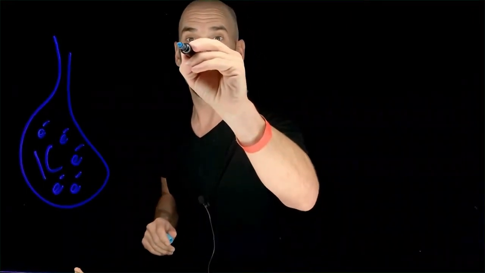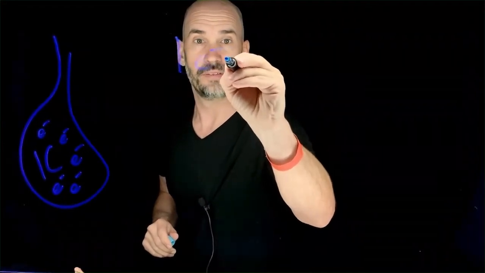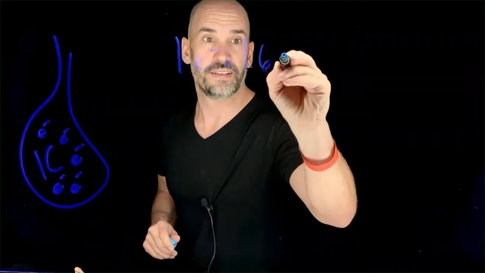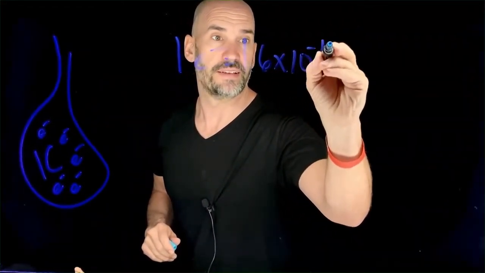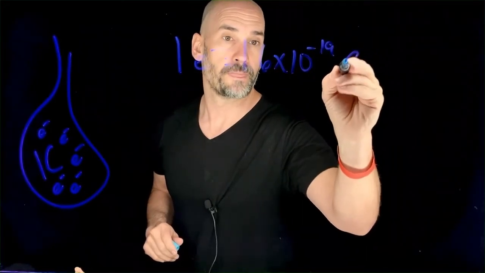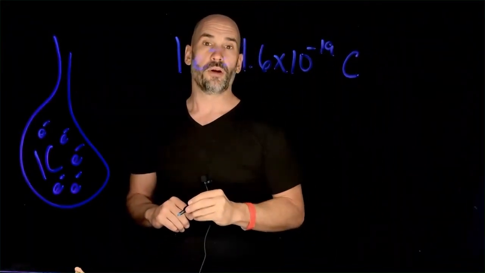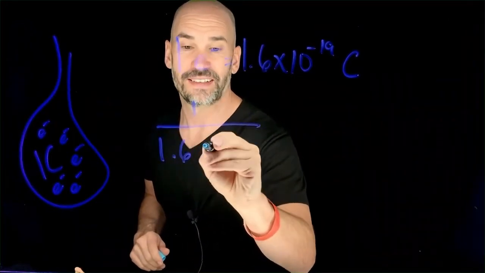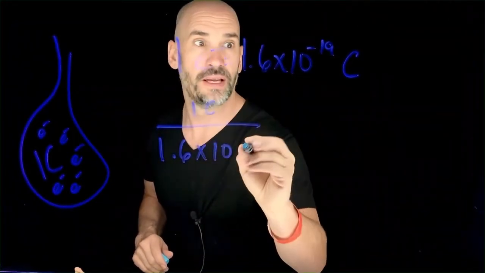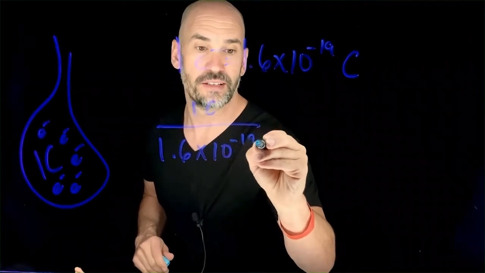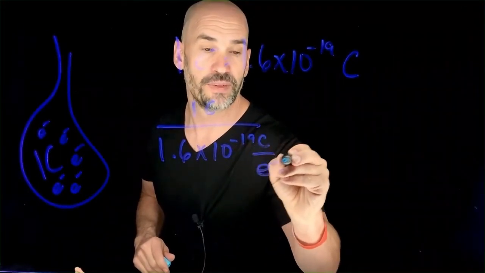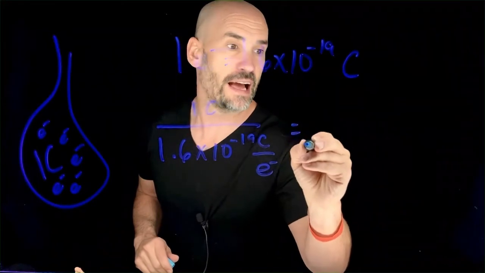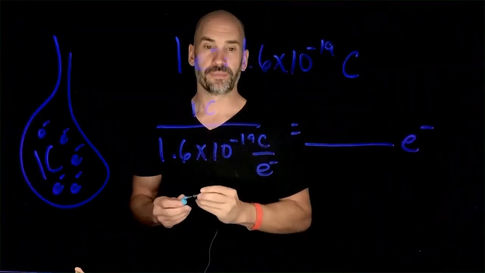I know that for each electron, there is 1.6 times 10 to the minus 19 coulombs, okay? So I would just have to divide 1 coulomb by 1.6 times 10 to the minus 19 coulombs per electron to find out how many electrons that would be, okay?